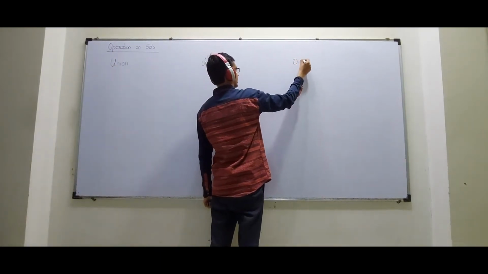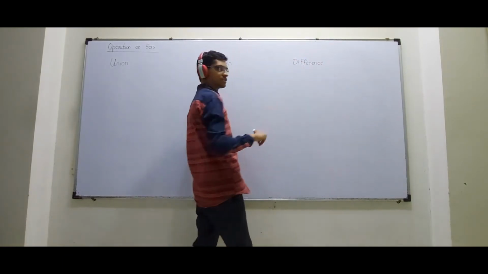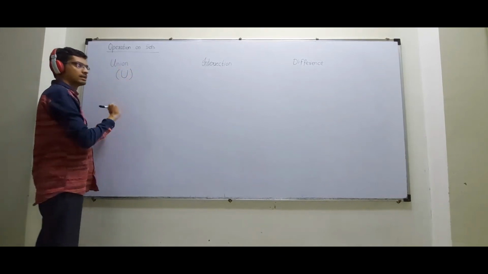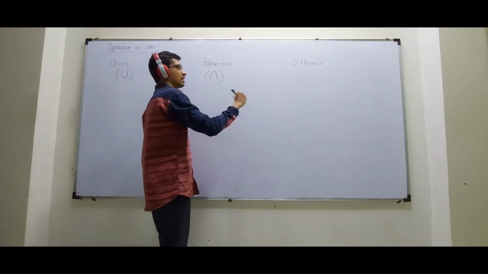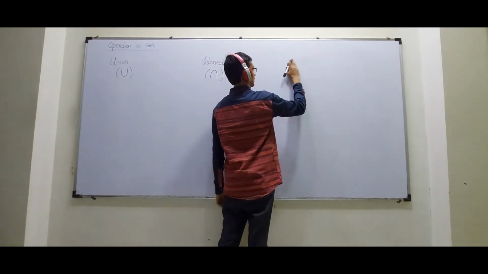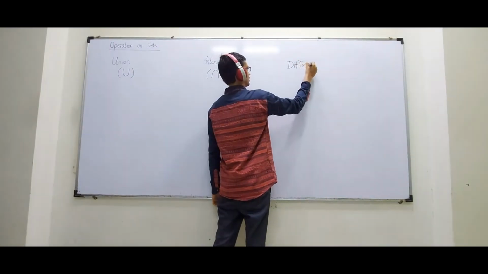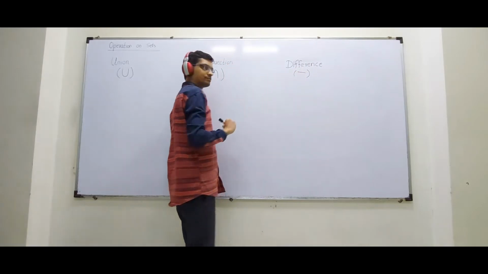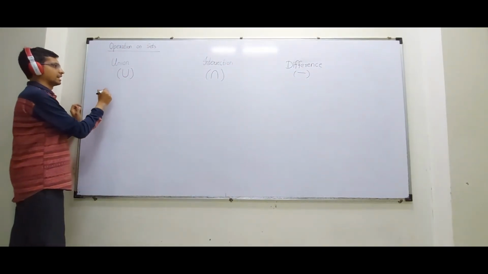Union is denoted by U, the intersection symbol is ∩, and difference is denoted by minus. To explain all this, I'll take an example of set A.